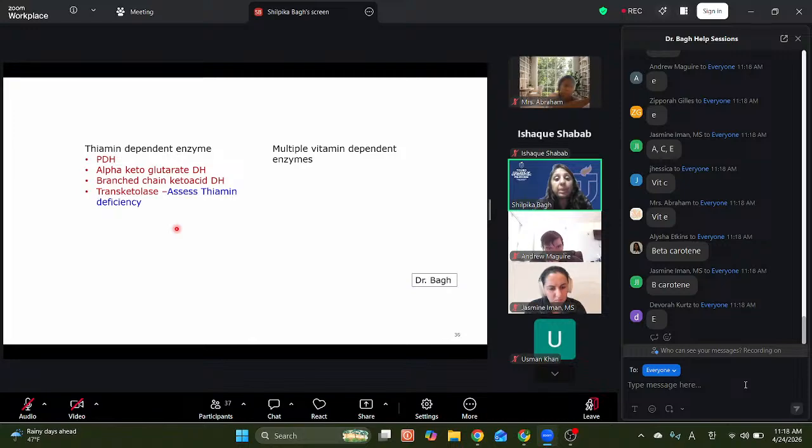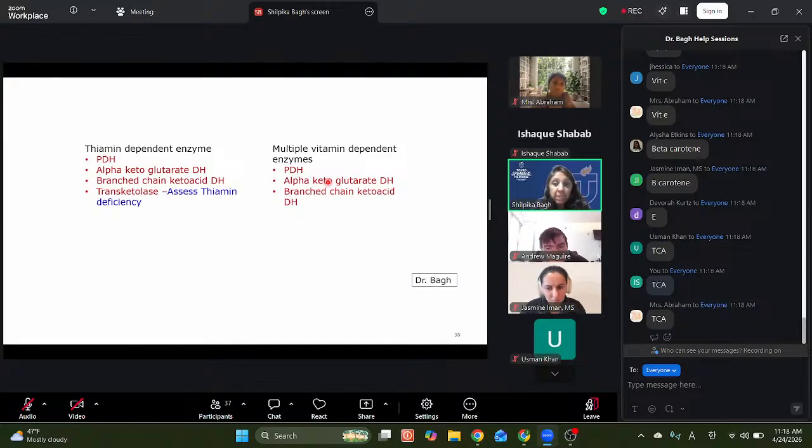Why do you need to know clearly these two different lists? Because chronic alcoholics suffer from these energy-yielding vitamin-dependent enzymes, right? So vitamin dependent, and the only one measured is transketolase, right? Now, where was alpha ketoglutarate dehydrogenase? Which pathway? Alpha ketoglutarate dehydrogenase shares the same vitamin as PDH.